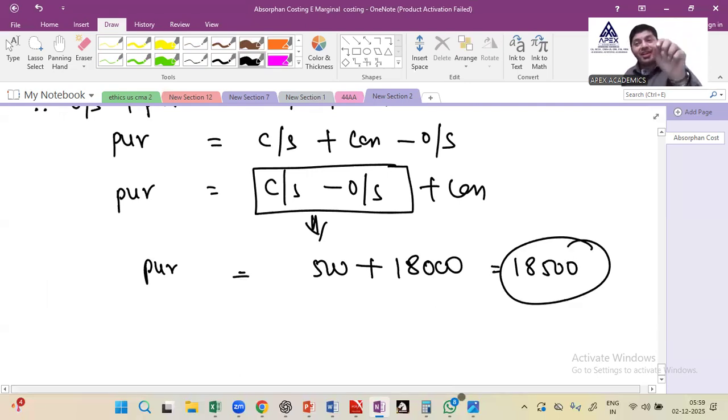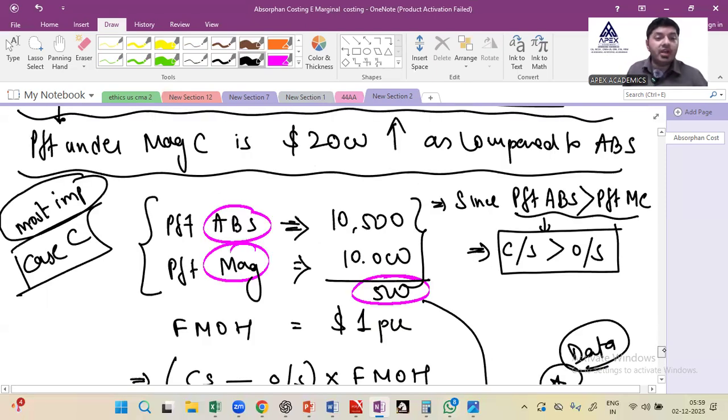That's how we are able to calculate this very important piece of information by the use of case C, which is most important. At this point, I request all of the students to pause the recording and go back and read, refer case A, case B, and case C all over again.